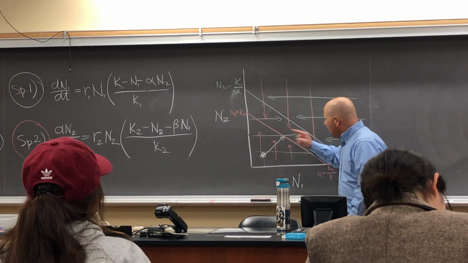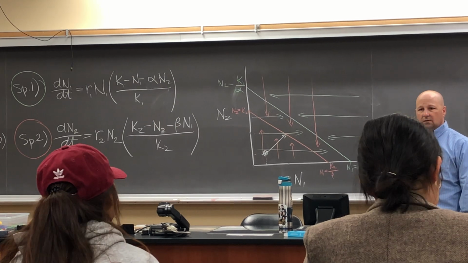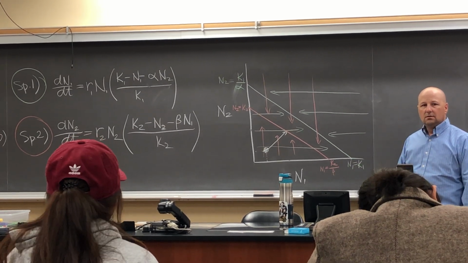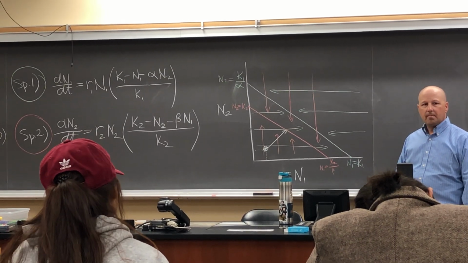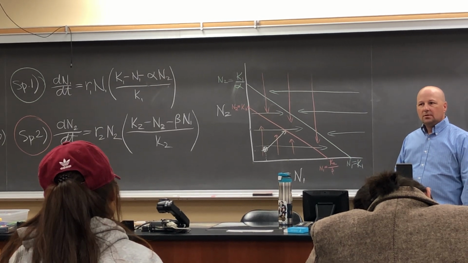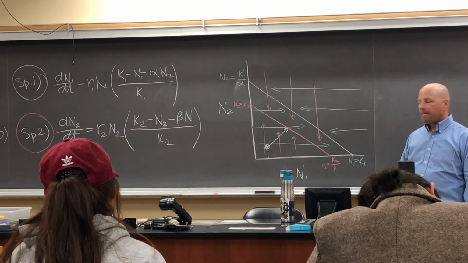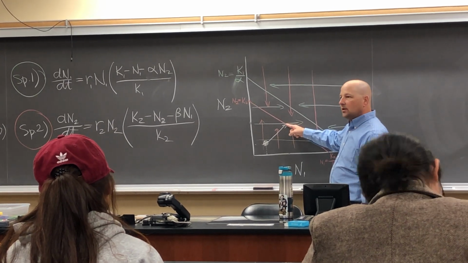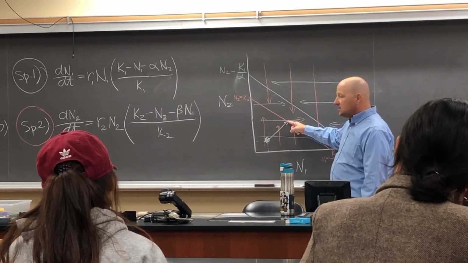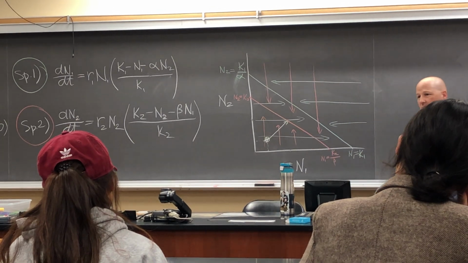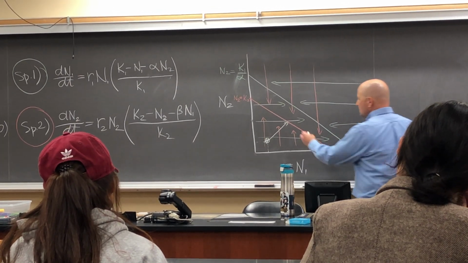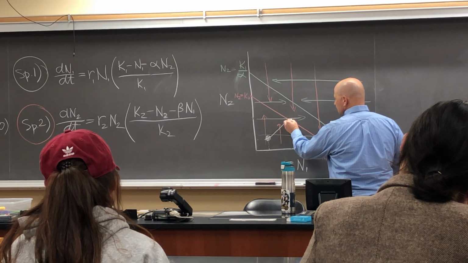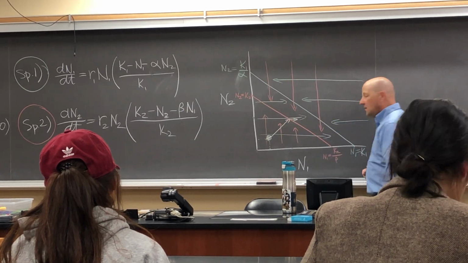What happens when we hit that red line? Growing stops, just for N2. Once we hit that, N2 stops growing. Does population 1 stop growing? No. So now we move across like that.